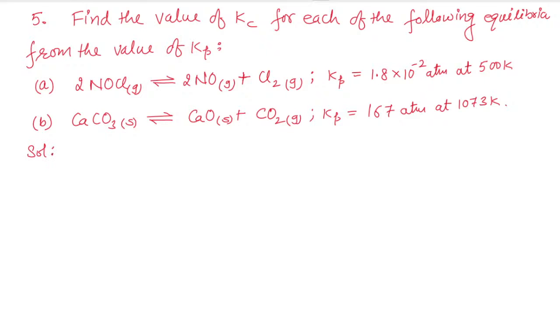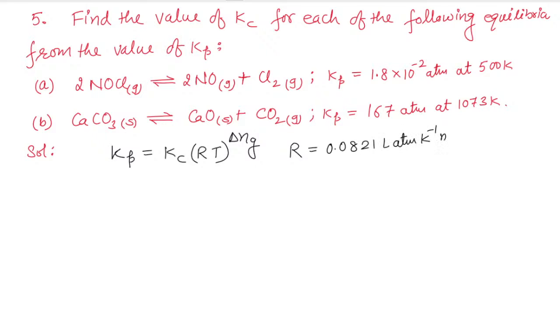See, Kp is given to us. We have to calculate Kc, and the relation between Kp and Kc is Kp equal to Kc (RT) raised to power delta Ng. Okay, here you know the value of R, because the pressure is given in atmosphere, so the value of R is 0.0821 liter atmosphere per Kelvin per mole.